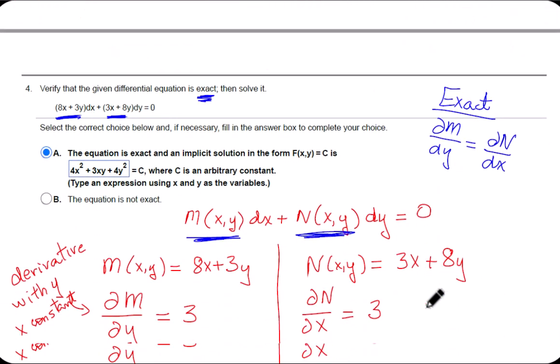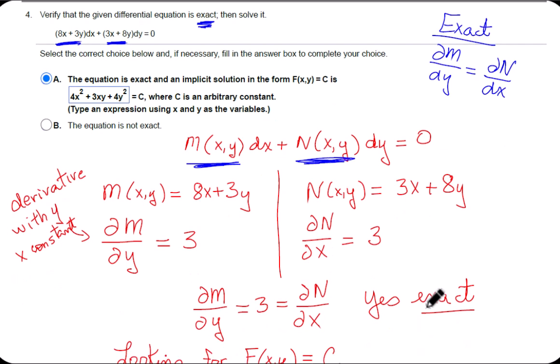All right, in question 4, we want to show that this particular kind of differential equation is called exact. Normally, differential equations of this form look like this format, and it's exact if the partial derivative of the M, which is the stuff in front of the dx, is exactly equal to the partial derivative of the N, which is the stuff in front of the dy.